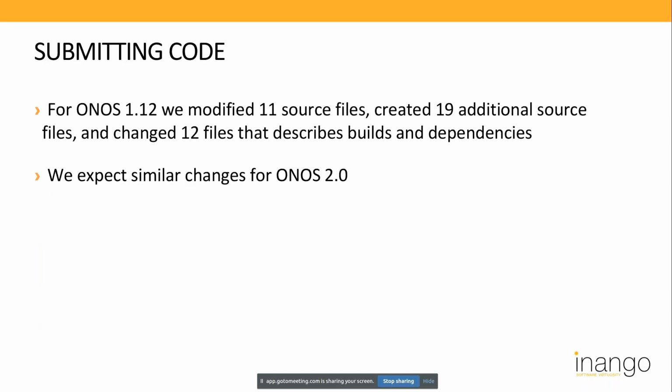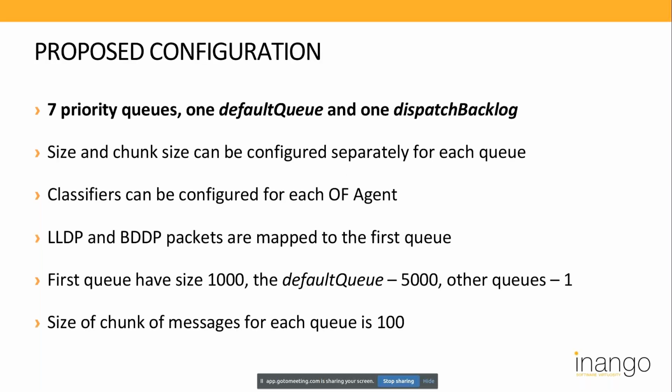I'm trying to understand. You said there's 7 priority queues. Yes. And I would argue they're classification queues, not really priority queues, but there's a default queue, a dispatch backlog queue, and an LLDP, BDDP queue. That's 3. So yes, in the default configuration, we actually used only 3 queues.